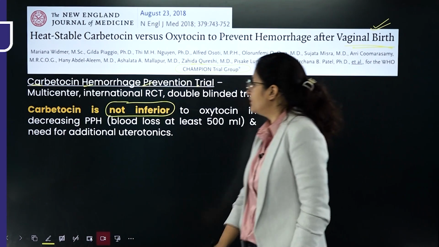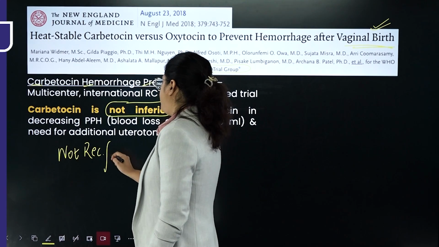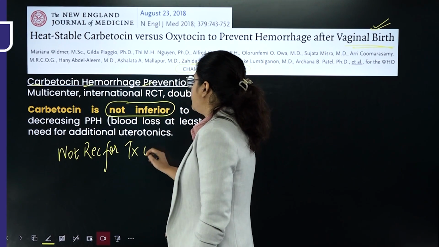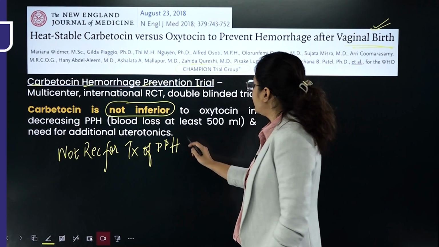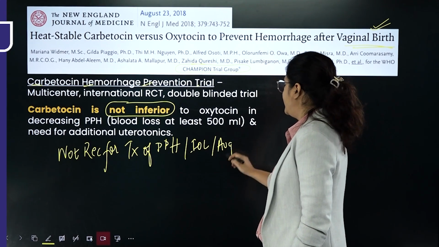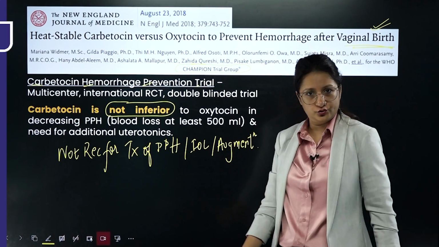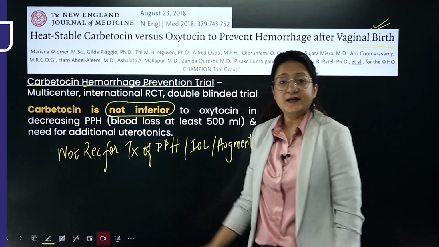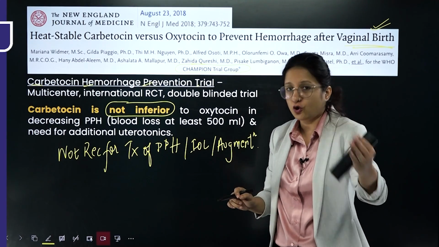Nonetheless, please remember that carbetocin is not recommended for treatment of PPH. There have been no studies in this regard. It is not recommended for induction of labor. It is not recommended for augmentation of labor where oxytocin is used. In this Champion trial that was conducted, carbetocin was not used in patients with complications also.